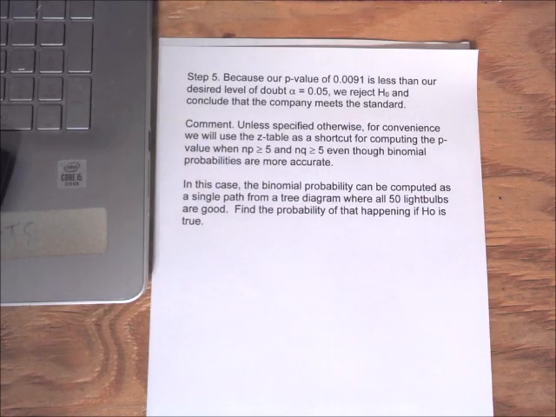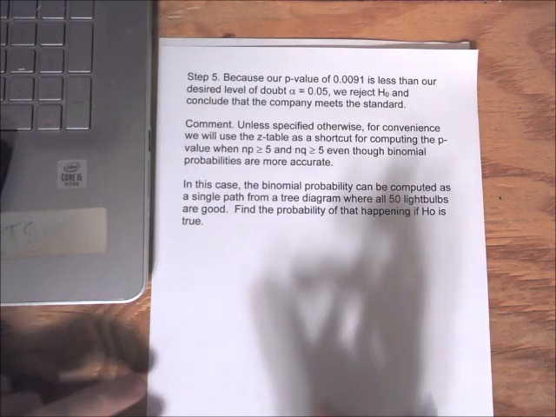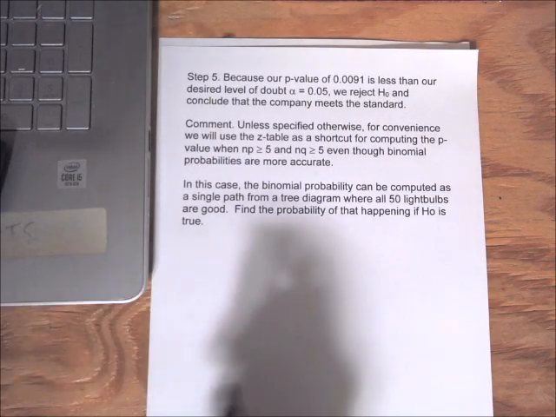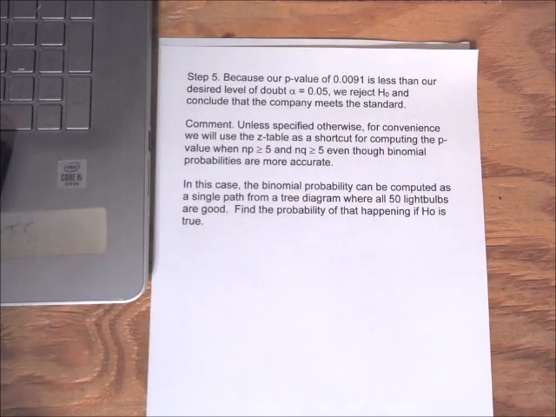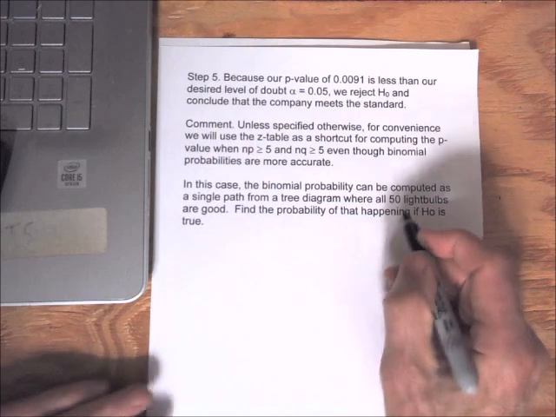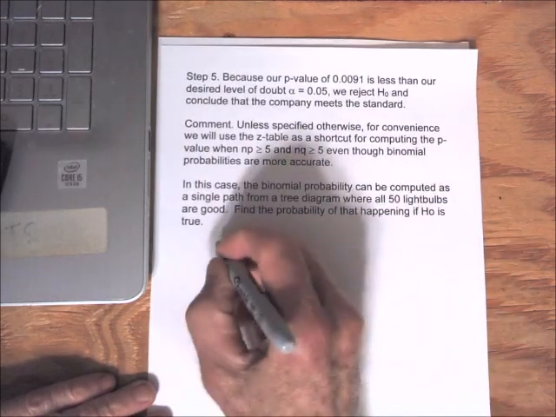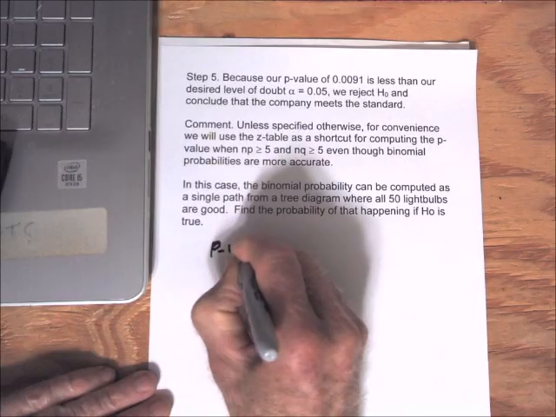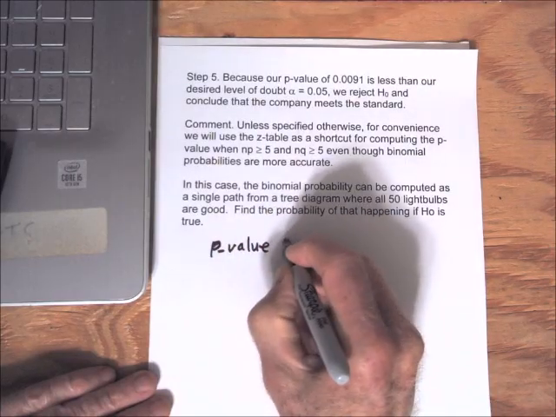But in this case, there's only one path where all 50 light bulbs are good. So if you remember from our previous example, where all the light bulbs are good, we just had the 0.1 times the 0.1 times to the whole tree. But in this case, it would be to the 50th power. So this will give us a more accurate p-value than we got from the z-table.